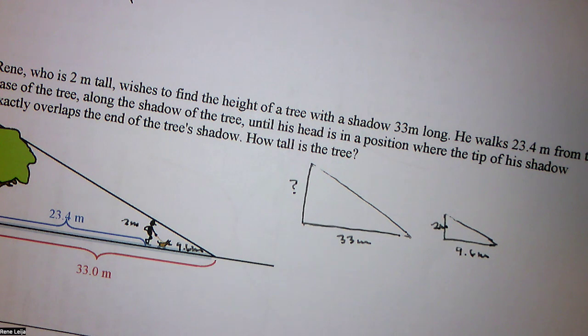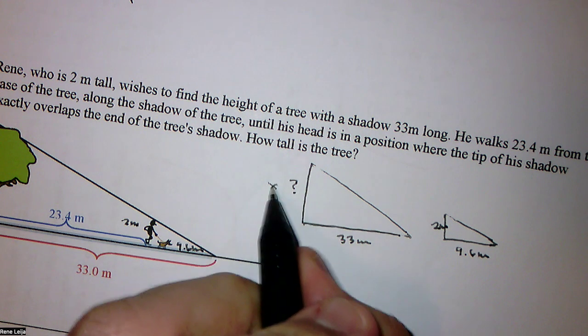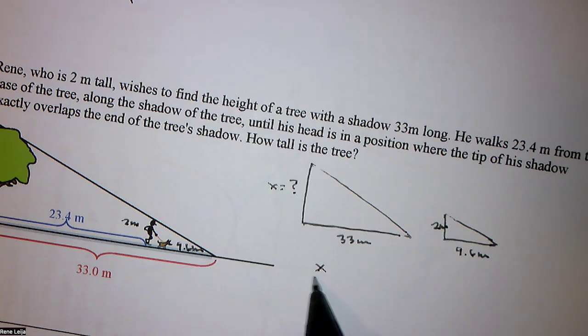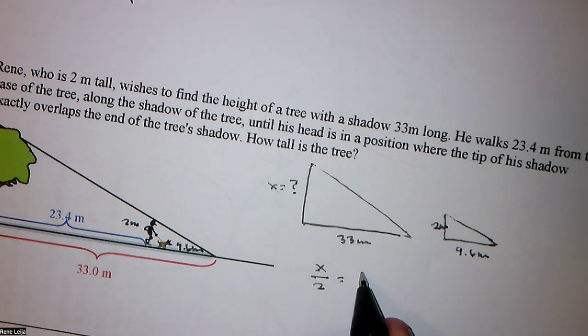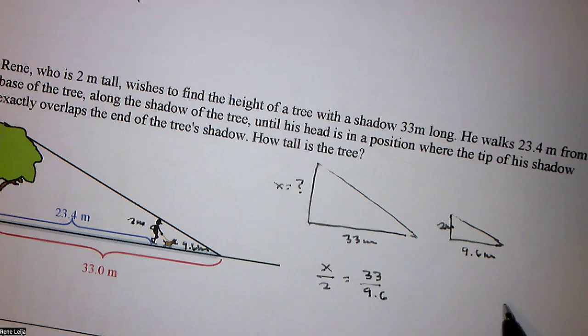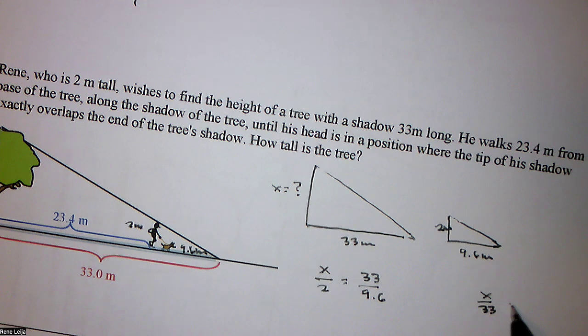We can call the tree's height X. So I could say X over 2 equals, since I started with this triangle, 33 over 9.6. Or you could have said X over 33 equals 2 over 9.6.